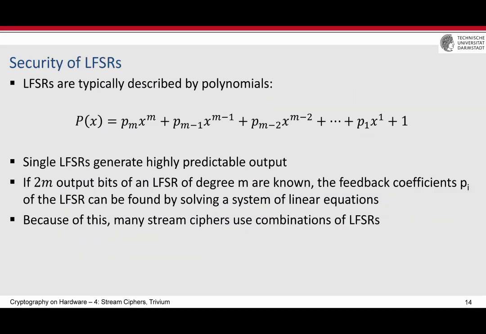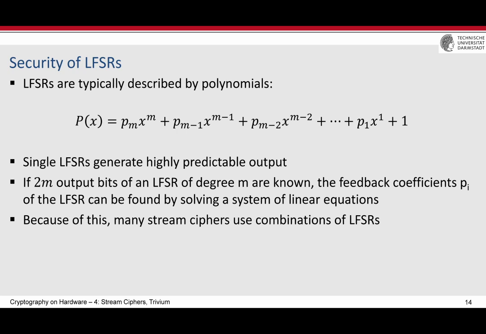Good. This is what I already explained, that if you know 2m output bits of the LFSR of degree m, then all these feedback coefficients can be calculated by solving a system of linear equations. This is out of scope of this lecture, but if you are interested, just search for it, you easily find it.